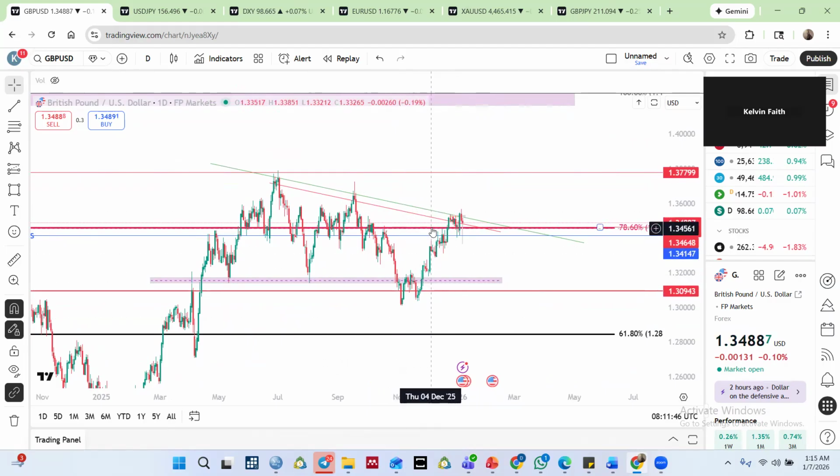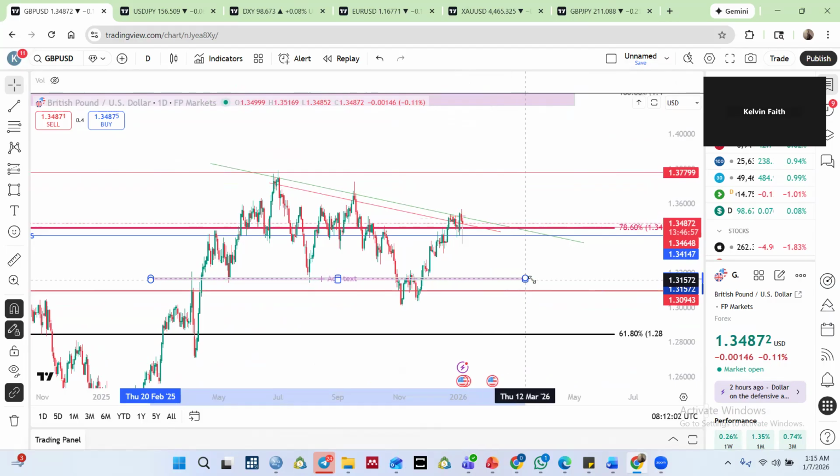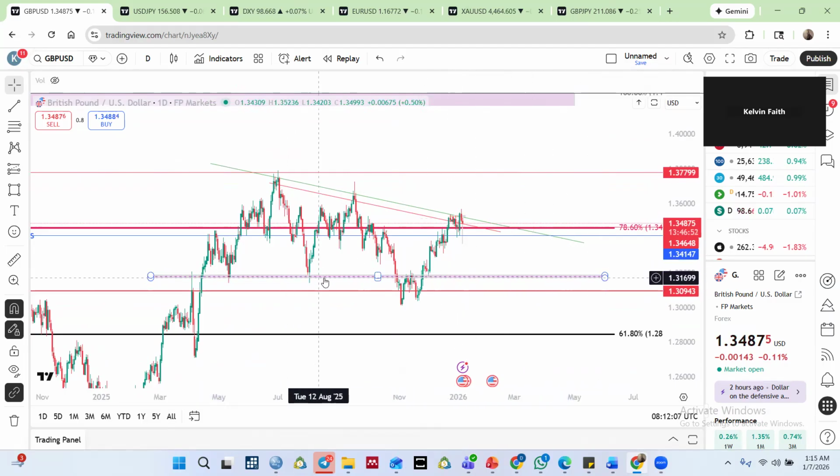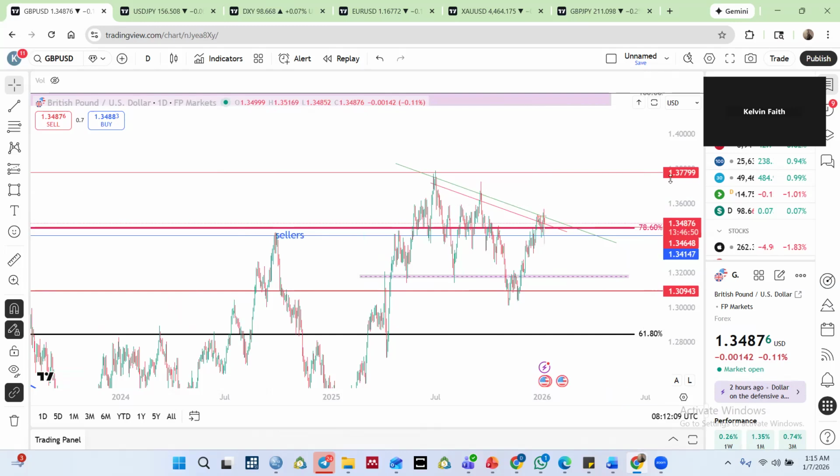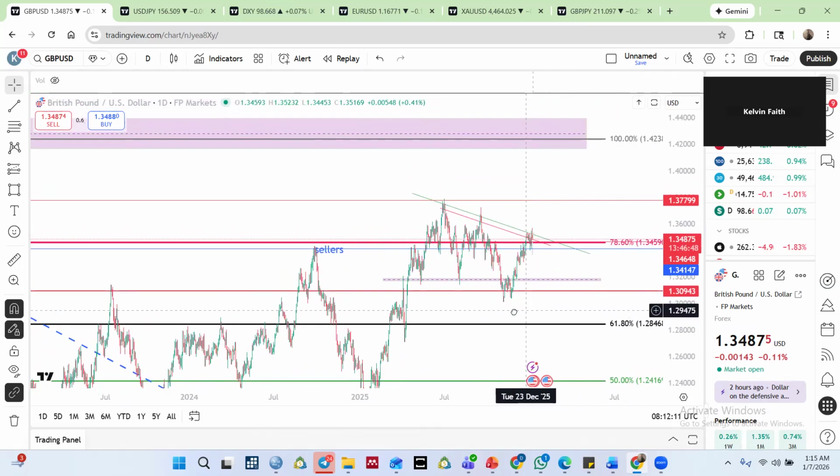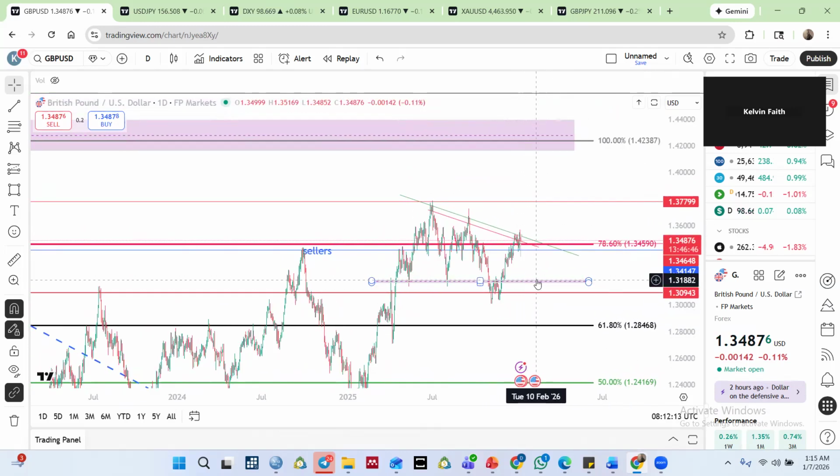Higher high, lower high, higher low, higher high. If we break this, that's going to be like a head and shoulders thing, retest, and a fall. Maybe price might want to dip down to retest this area before going up.